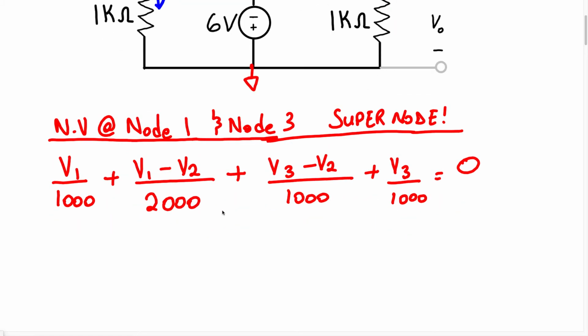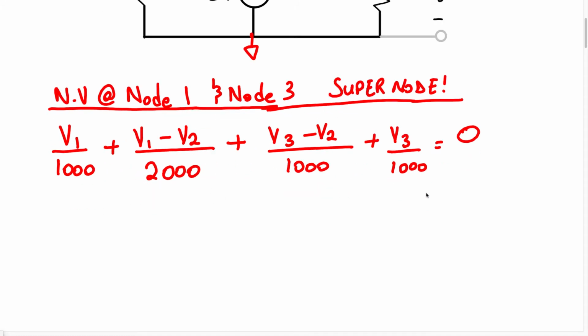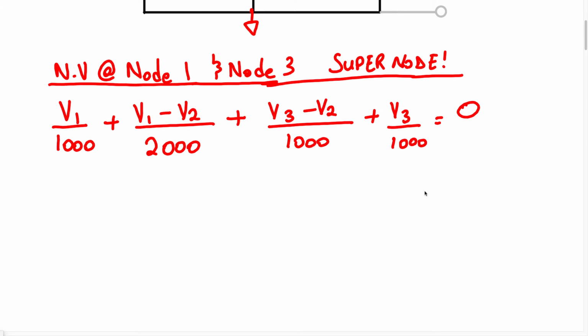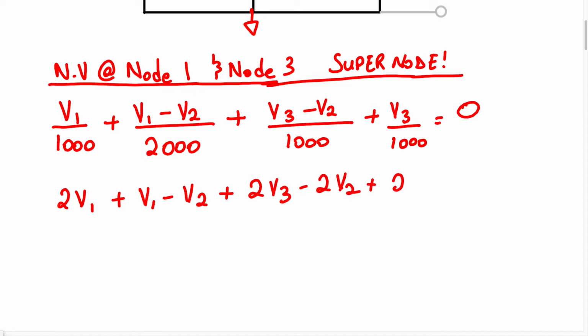Now let's simplify this. The LCD out of these terms is going to be 2000. So when we multiply each term by 2000, that's going to leave us with 2V1 plus V1 minus V2 plus 2V3 minus 2V2 plus 2V3, and that equals 0.